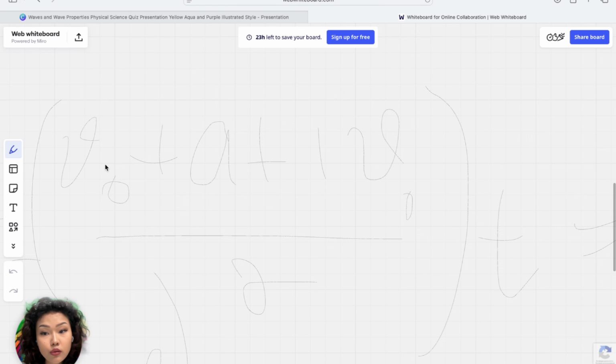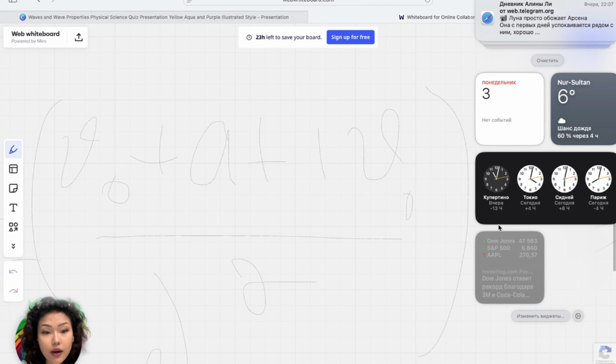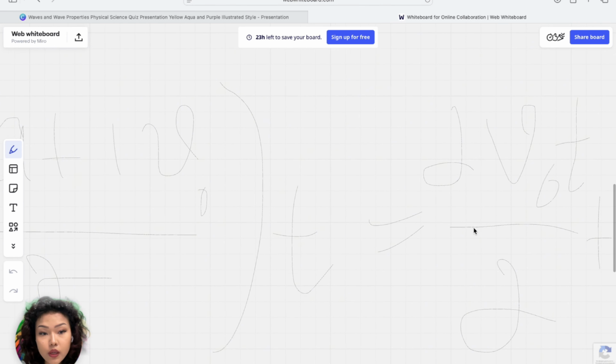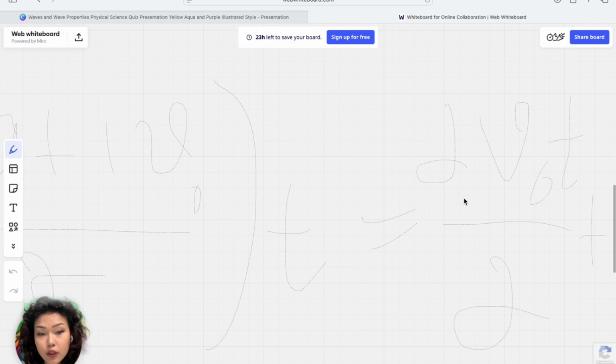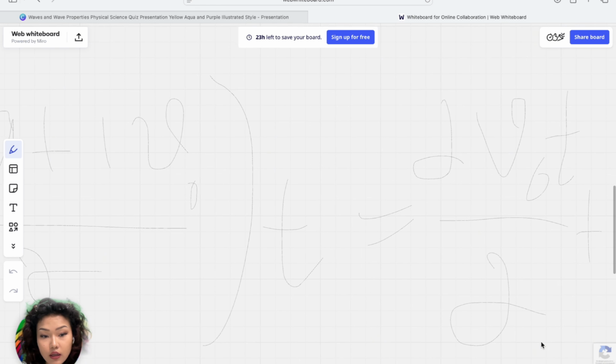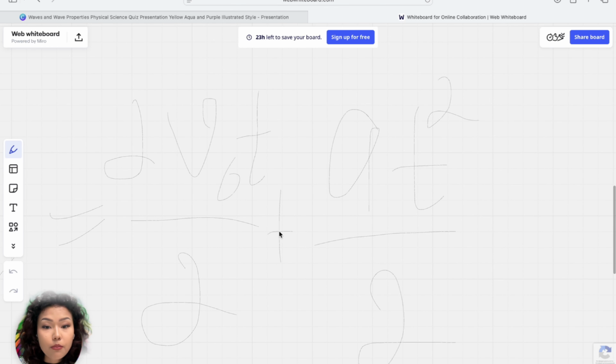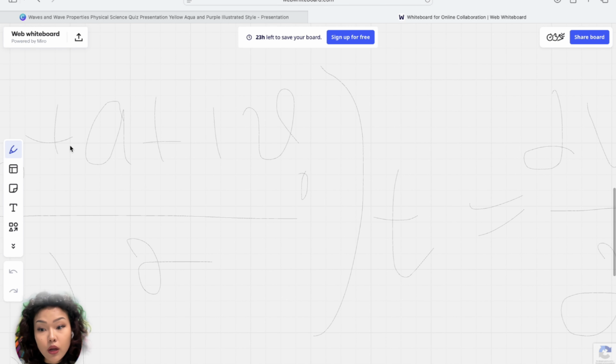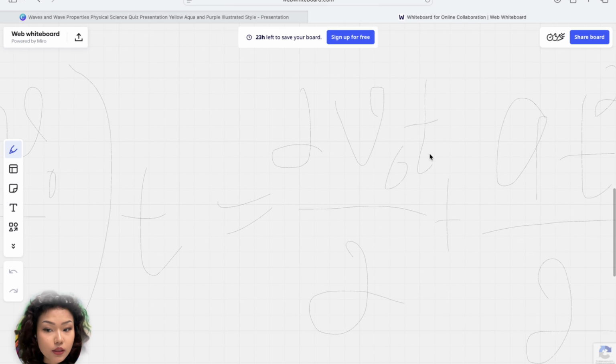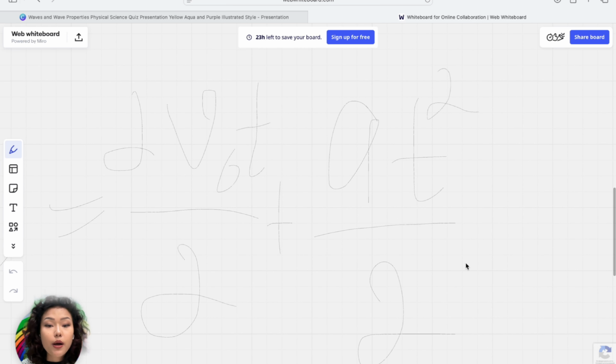That will be 2v0 multiplied by t, multiplied by t divided by 2. Then we just cut these 2's and plus at. We already have t there. Multiplied by t, it would be at squared, right? At squared divided by 2.